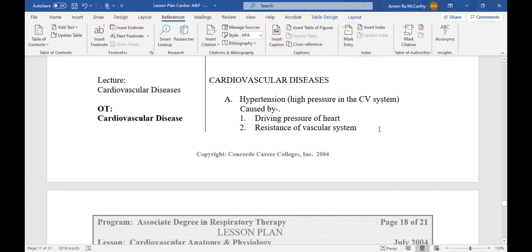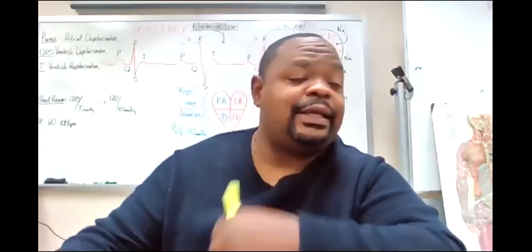It looks like this: the 2 AV valves are what, and what divides the heart into the left and right sides, cardiac muscle is referred to as what, inflammation means what, stuff like that. This is quiz number 1 for cardiovascular A&P. This will be the one that I assign for tonight, okay?